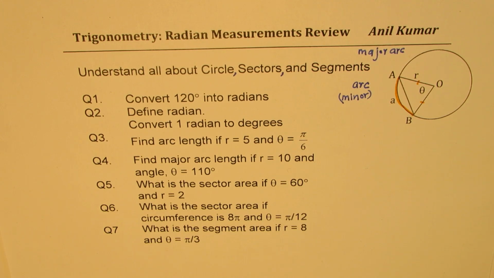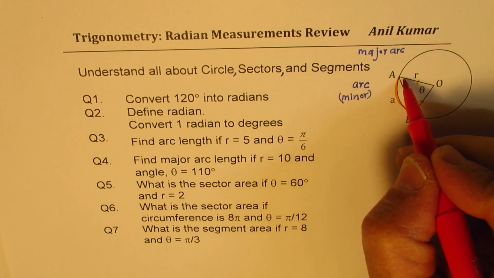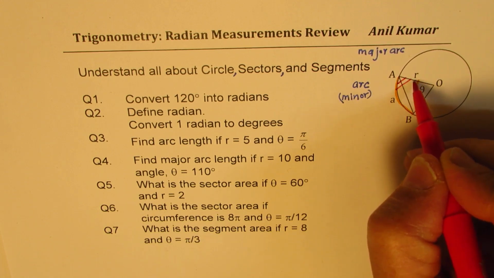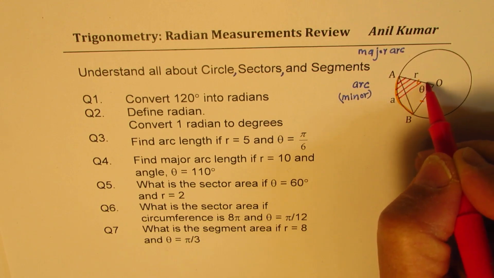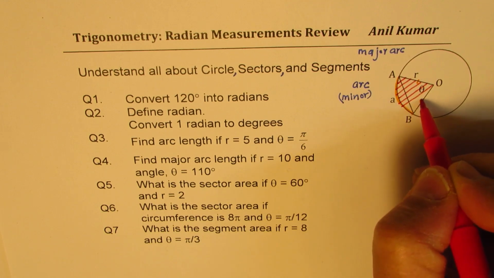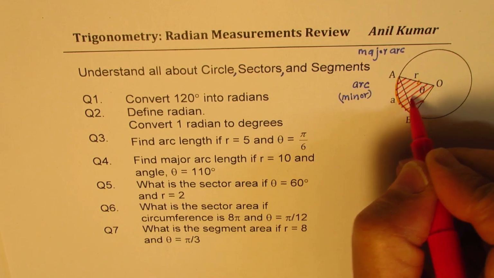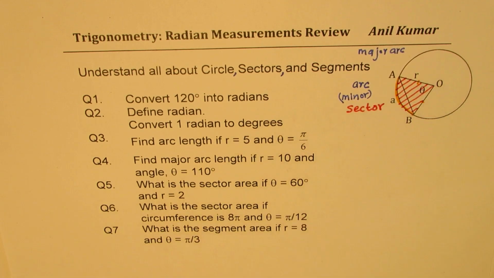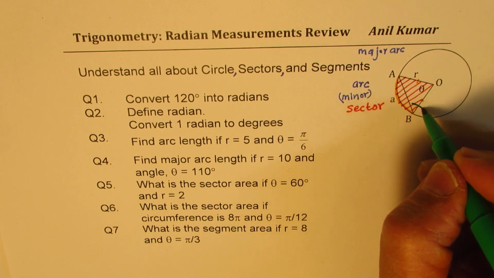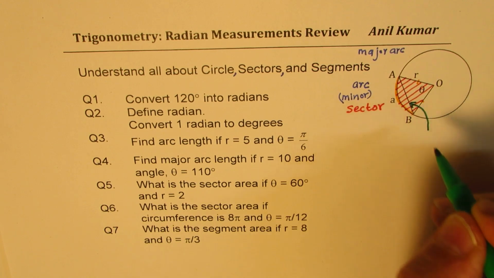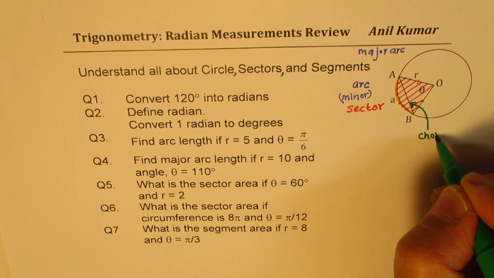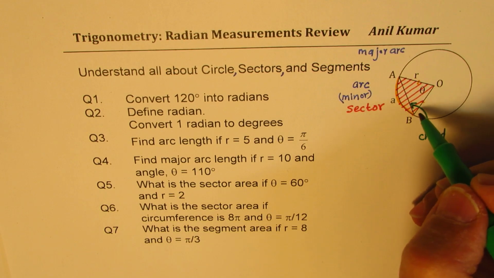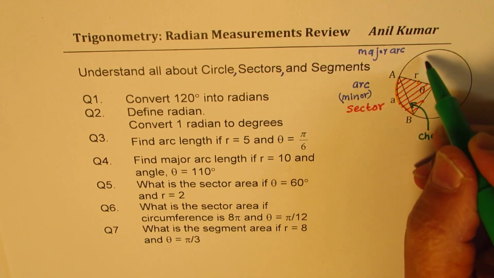Now here what you see is a slice of a pie. Now this is called a sector. Chord is the line joining A and B. The longest chord could be the diameter, right?